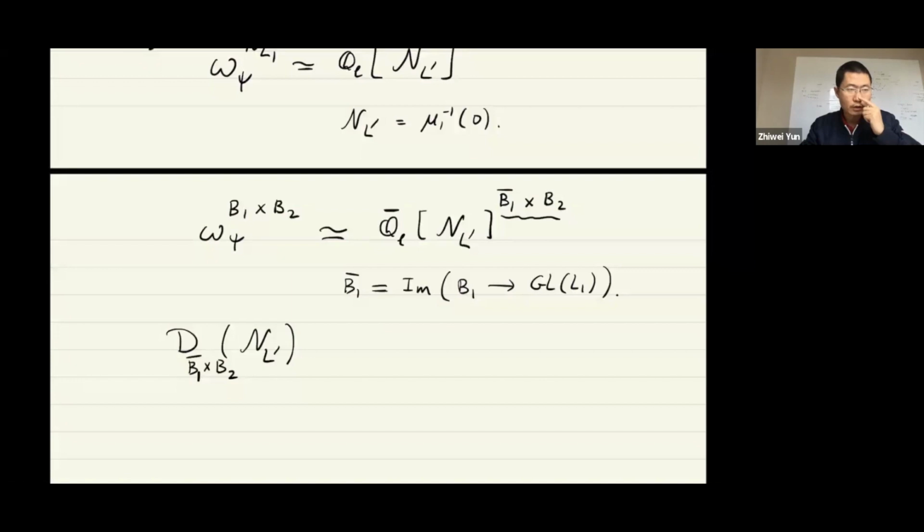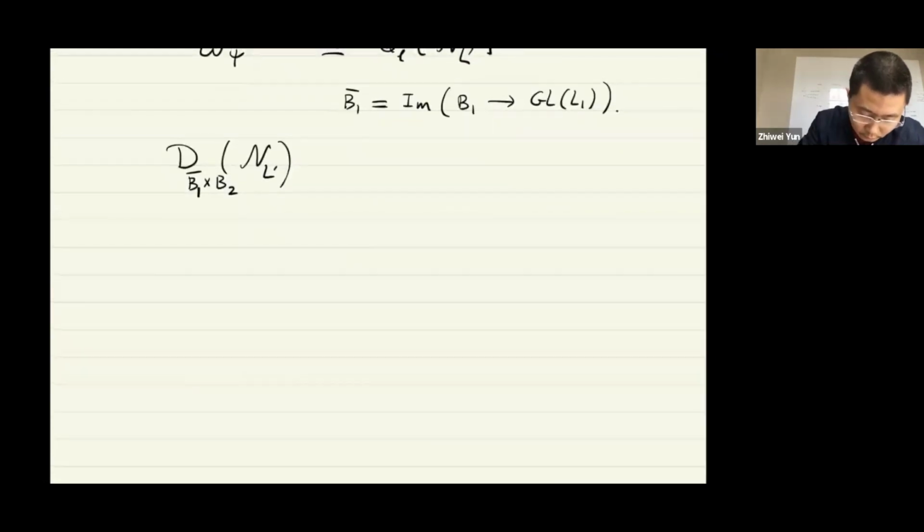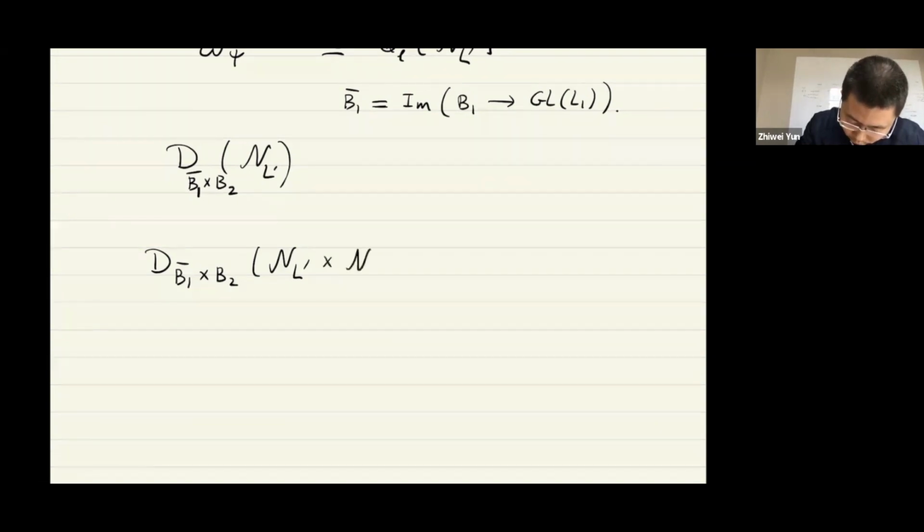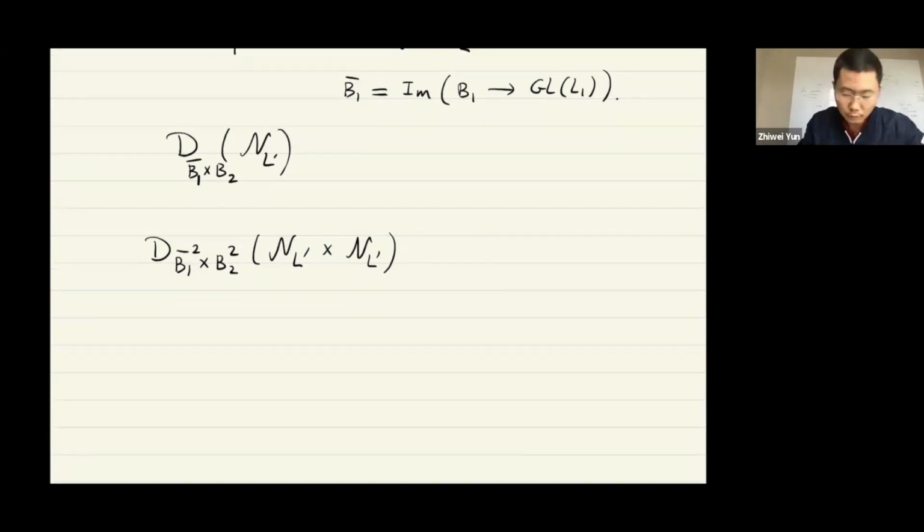Now to construct intertwining operators, we have to double this, so let me write another. We want to start with a matrix coefficient, not just a vector. So we double the whole situation. We should think of this as taking a vector and a covector, and both of them are invariant under B1 times B2.